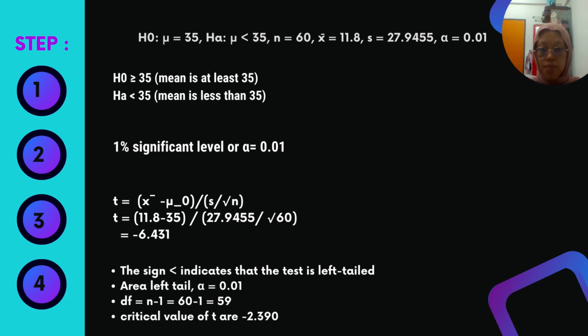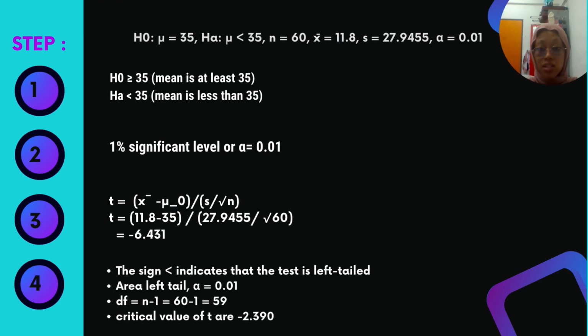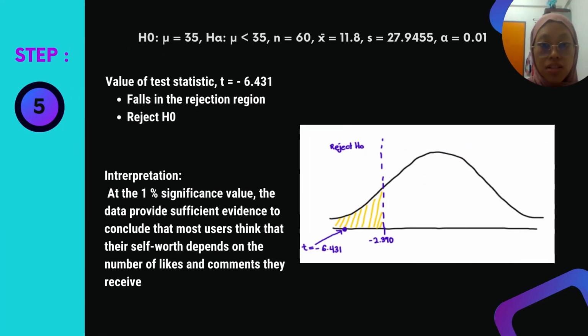For the degrees of freedom, n minus 1, we got 59, and the critical value we got is negative 2.390. So for the last step, the value of the test statistic that we got before is negative 6.431. So it falls in the rejection area, so we reject H0. So in the interpretation, we conclude that most users think that their self-worth depends on the number of likes and comments they receive.